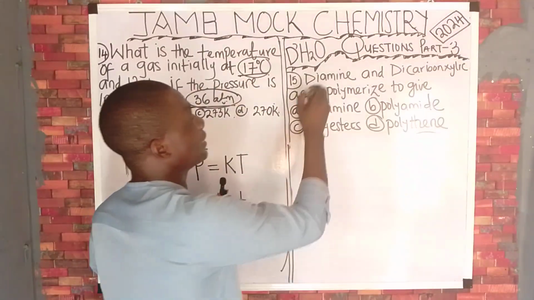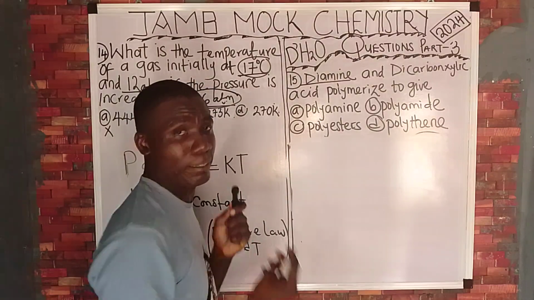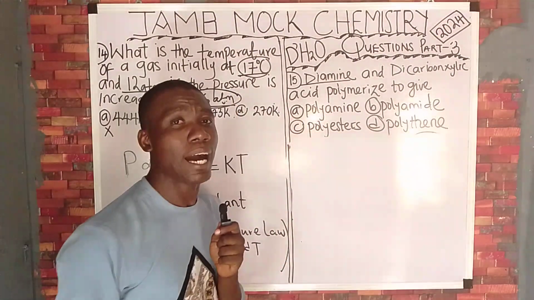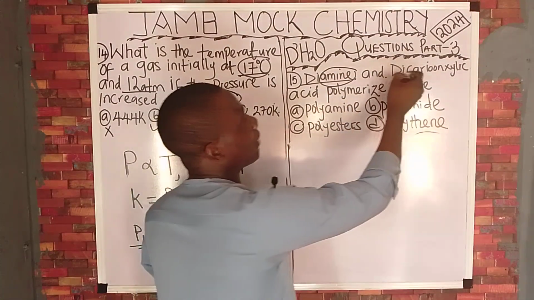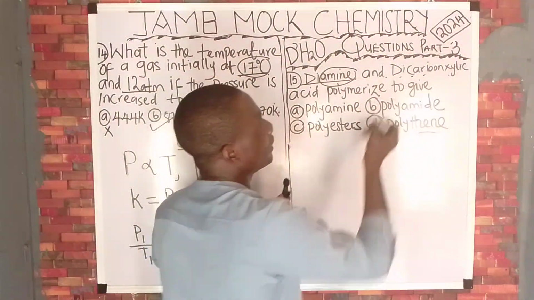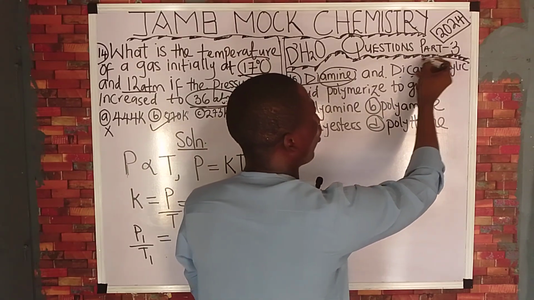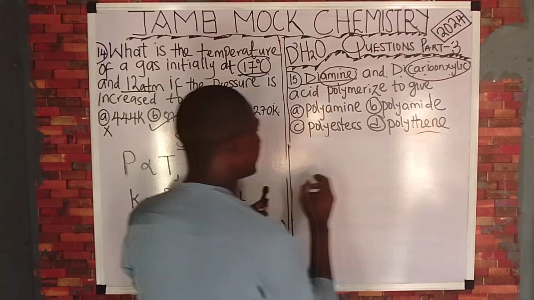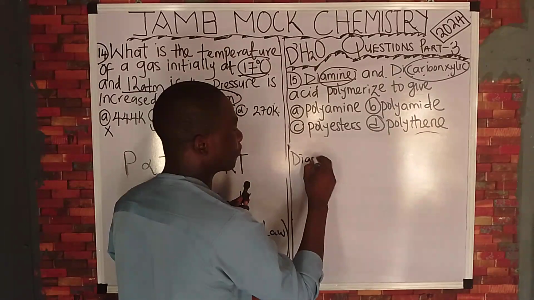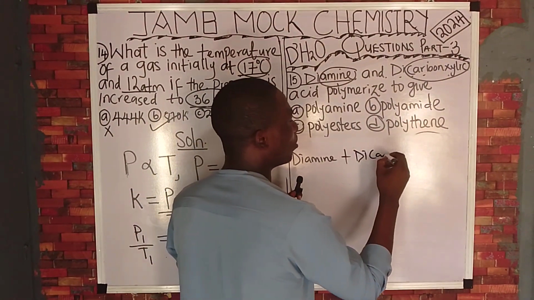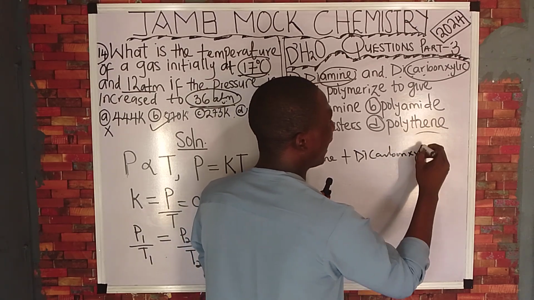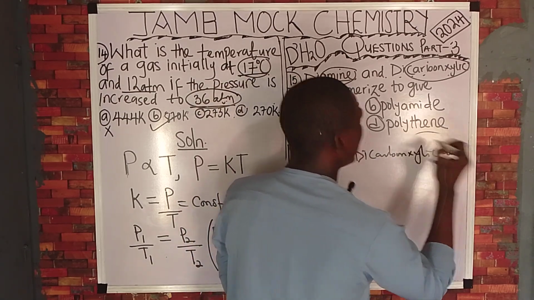The question says diamine. Diamine means an amine that has two of the functional group, and dicarboxylic acid means the carboxylic acid has two of their functional group. By the time diamine polymerizes with dicarboxylic acid, what are we likely to get?